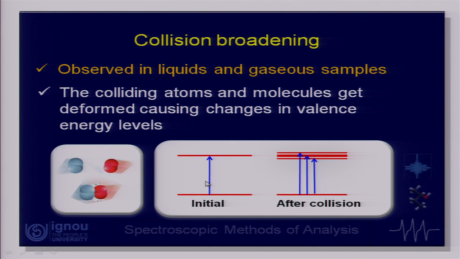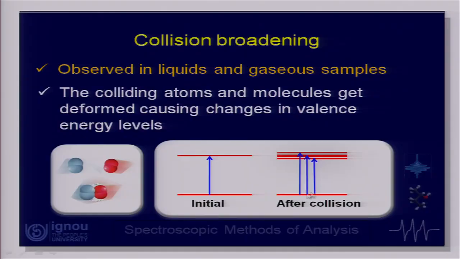Okay. But what happens is, since the molecules are not in isolation, they are moving around randomly and also colliding with each other. When they collide, because of collision between the molecules, the energy levels of the periphery, that means the electronic distribution around the nucleus, get affected. If you look at the molecule here, there are two nuclei, and there is a certain electron distribution.